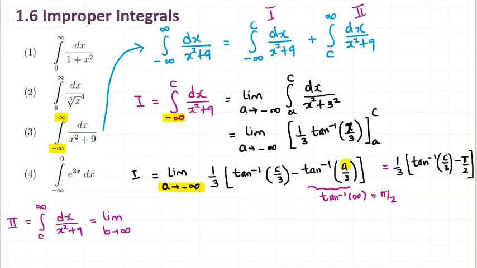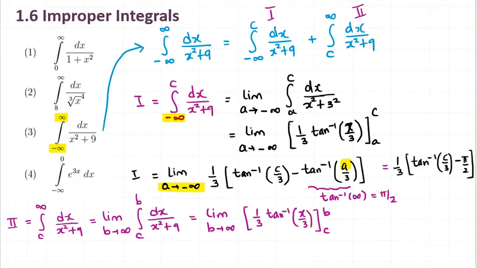Here we used a, but a is going to minus infinity, so here we have to use b, which is approaching infinity. c to b dx over x squared plus 9. Doing it the same way, using the same rule, this is limit b approaches infinity 1 over 3 tan inverse of x over 3, limits from c to b.